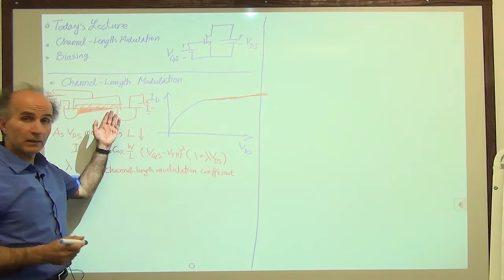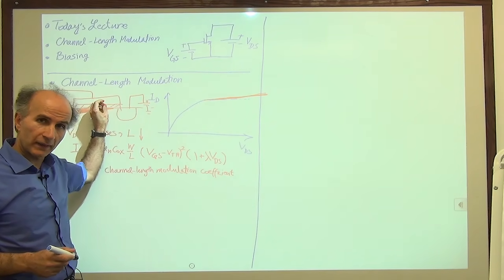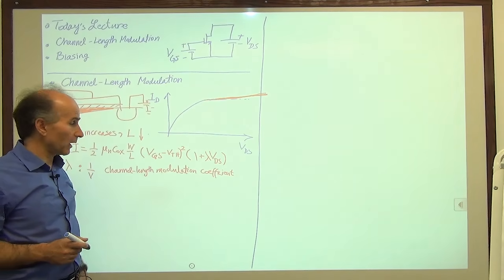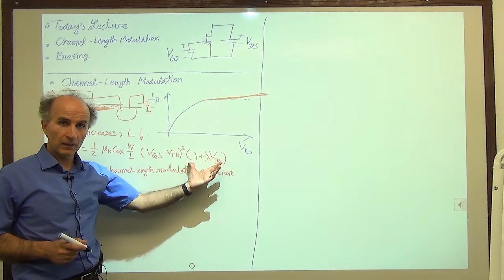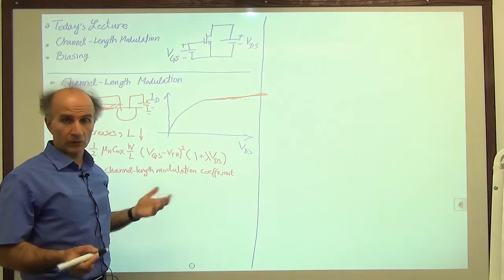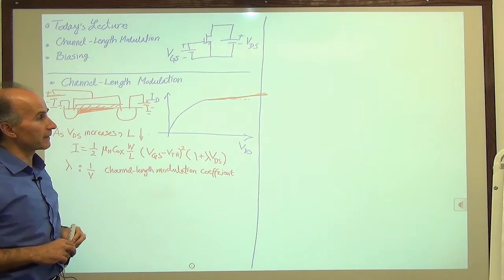And this phenomenon is called channel length modulation. The length of the channel is modulated as the drain voltage goes up and down. So now we have a very simple model with this extra coefficient here to represent this behavior, right? So that's pretty nice. It's not that complicated, and it allows us to see what happens.